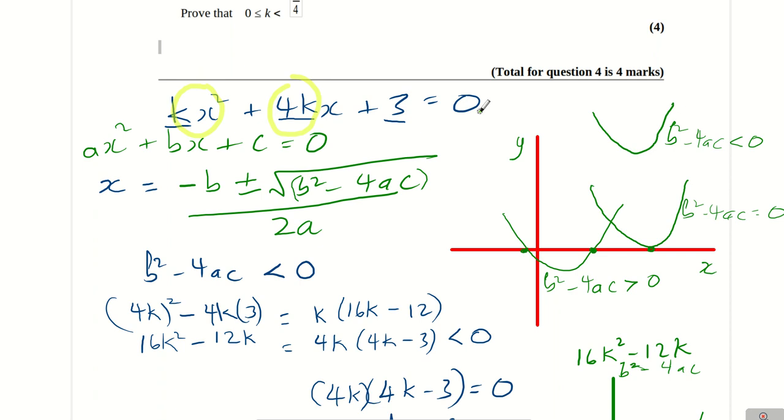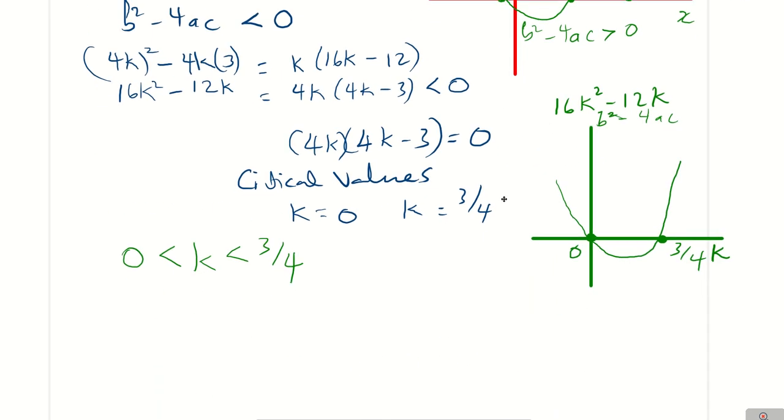Well, that is obviously nonsense. It doesn't make sense. So not only does k have to be between 0 and 3/4, it can't be equal to 0 if there are to be roots.